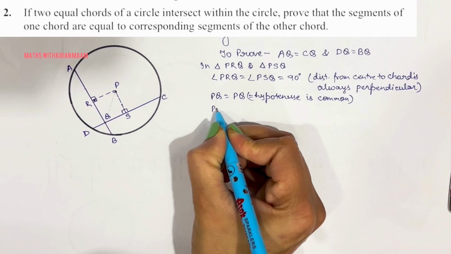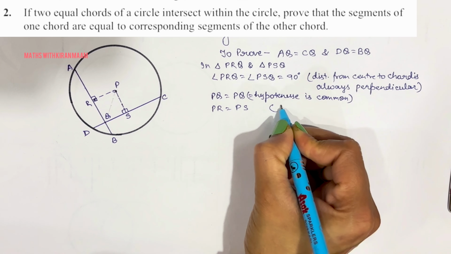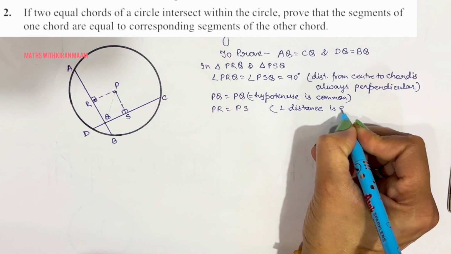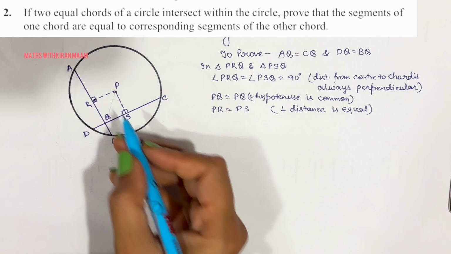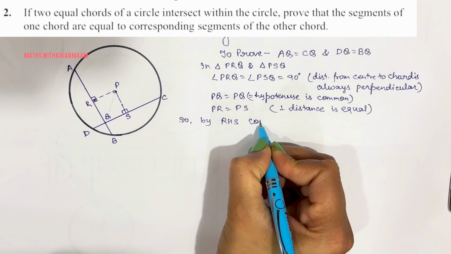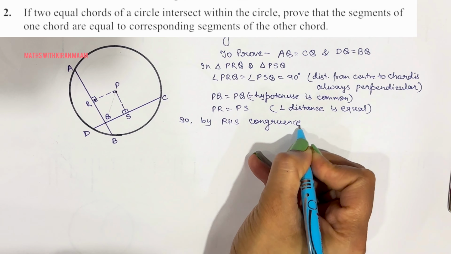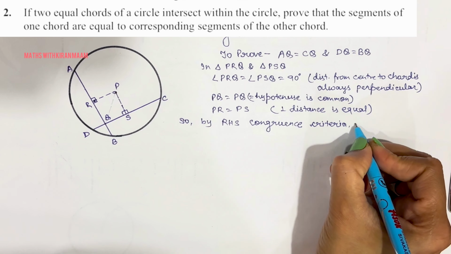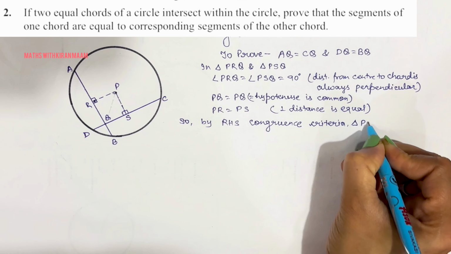So the hypotenuse is equal and one angle is 90 degrees, and PR equals PS because the perpendicular distance is equal if two chords are of equal distance. So by the RHS congruence criteria, these two triangles are congruent.